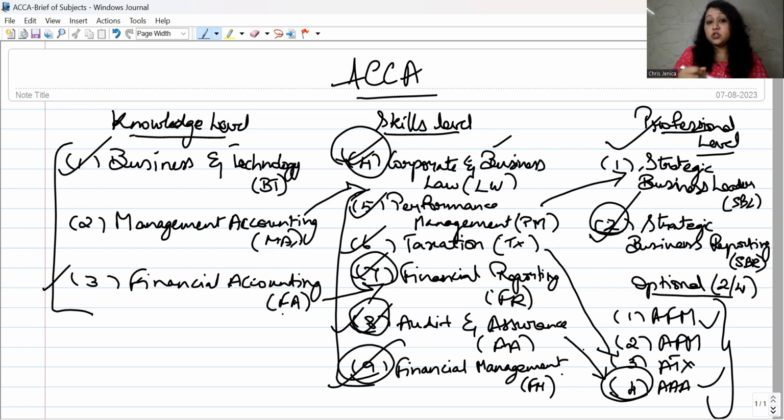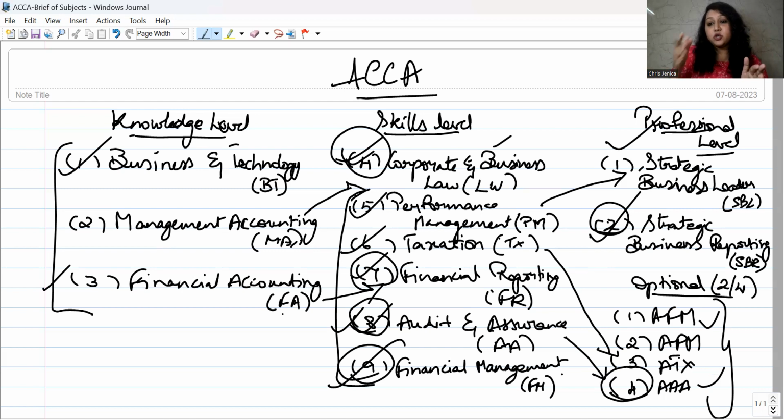And if you want to write two papers in one sitting, then you can opt for SBR and AAA together. Because for Advanced Audit and Assurance, you have to be very clear with all the IFRS standards. Only then you will be able to appear for your AAA paper in a very proper way. So SBR and AAA together would be the best combination as well.